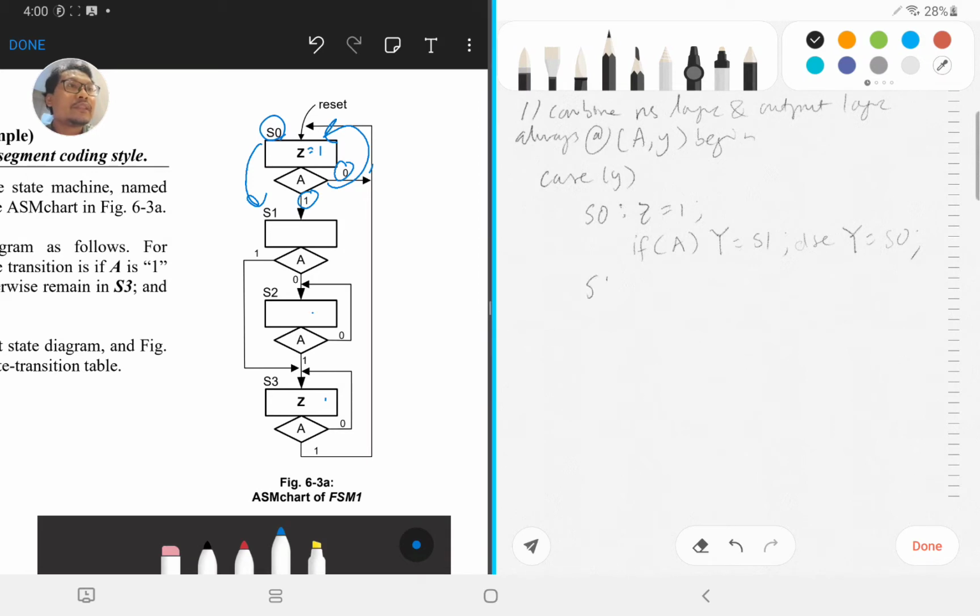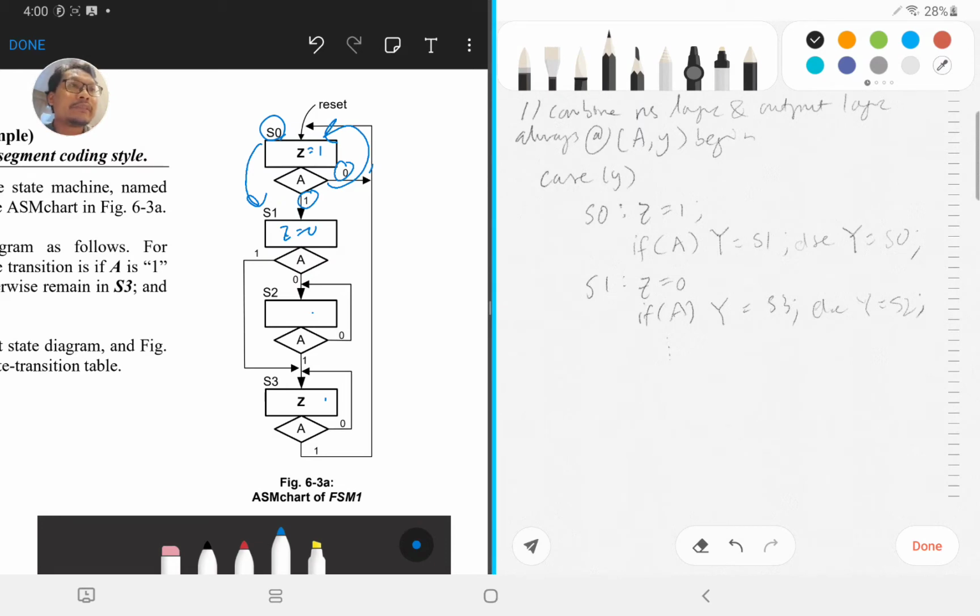So we can continue with this. Z equals to 0. Here is Z equals to 0 in S1. If A, Y equals to S3, else Y is equal to S2. Here I think it's basically the same as before.